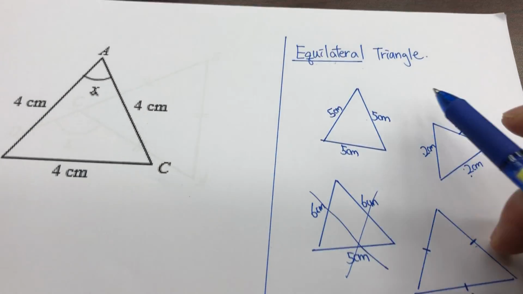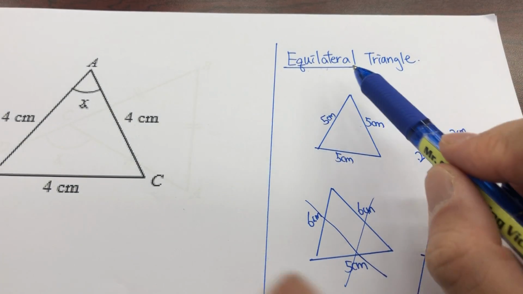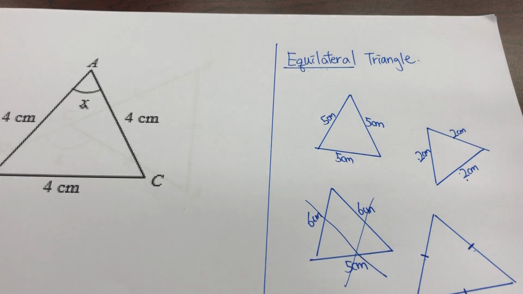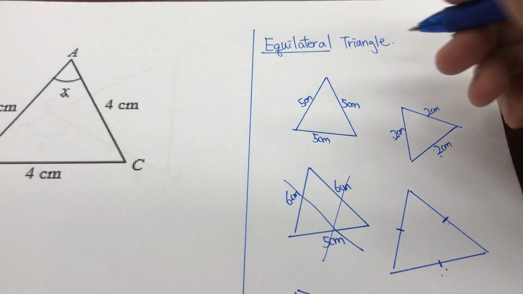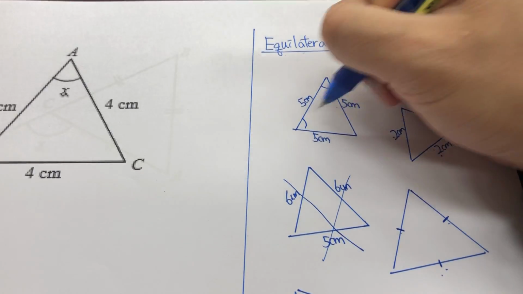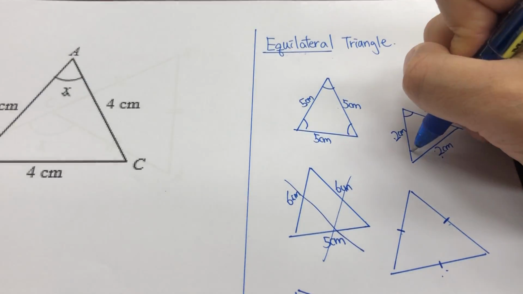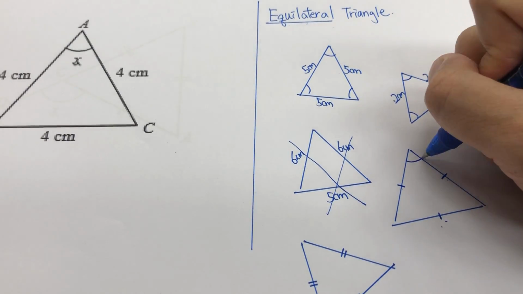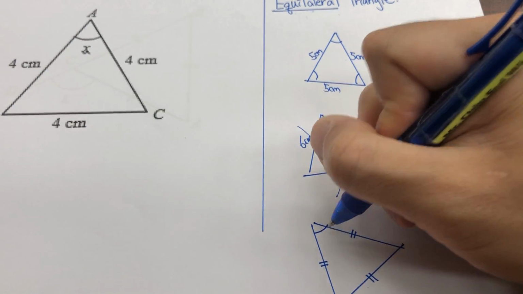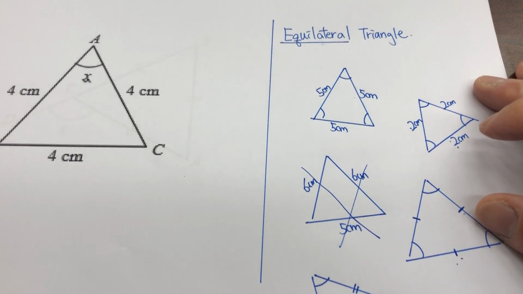Okay? So for all these equilateral triangles, it has one property, which is all the three angles are the same.